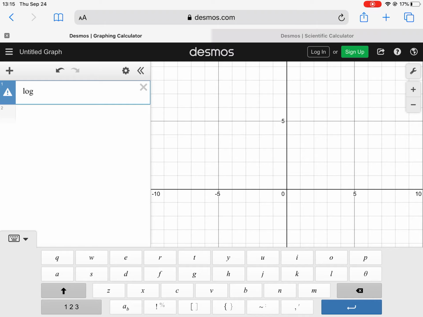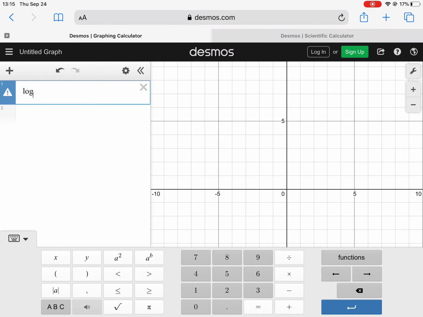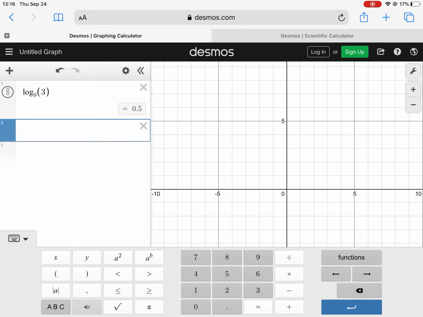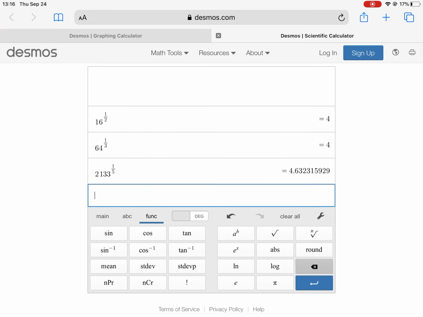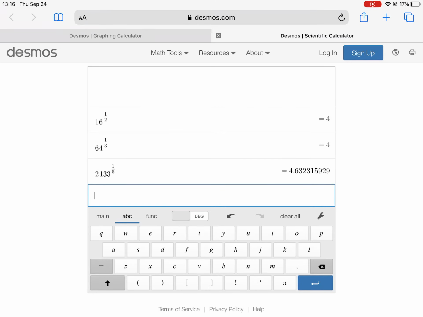So again, that's next to the 1, 2, 3 button, A with a little B next to it. Now I can go back to the numbers and I could actually put 9 there, hit the arrow all the way to the right of 3, and that tells me the answer right there. It's actually 0.5. Now let's go back over to here, see how this doesn't actually have that A with a little B next to it. So if you want to do this on the calculator, you can use the Desmos graphing calculator to do it.